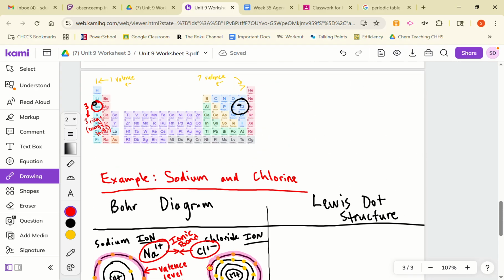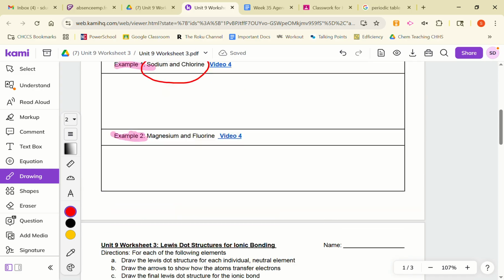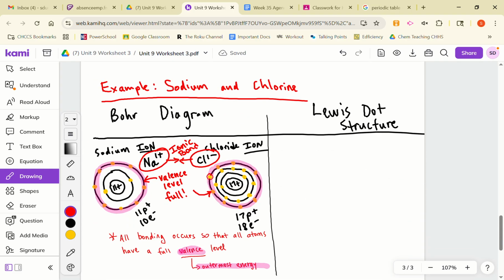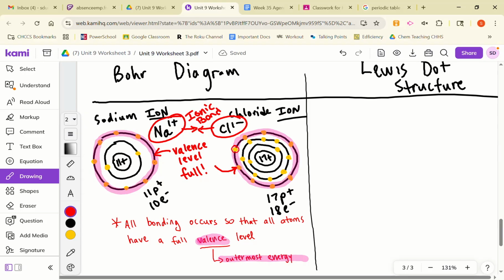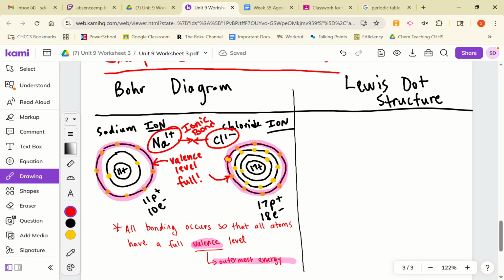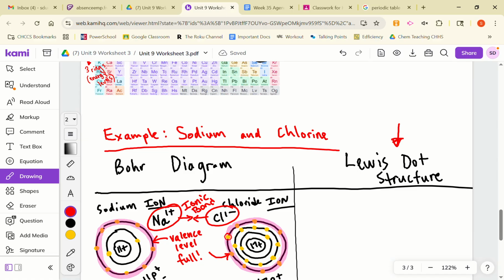But we don't want to draw Bohr diagrams. We want to draw Lewis dot structures. So let me remind you about the Lewis dot structure. The only difference is that the Lewis dot structure only shows valence electrons.